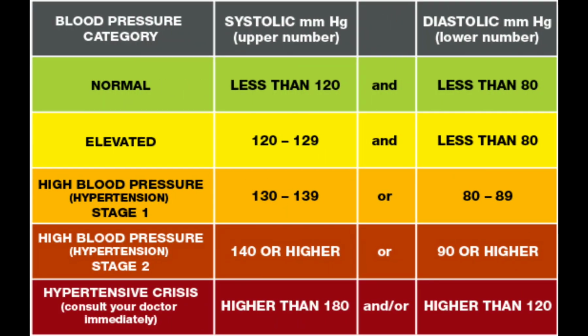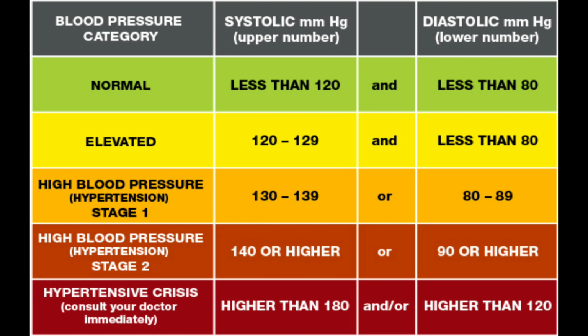So there are normal ranges as well as the ranges which we call high blood pressure. You have to know what the normal blood pressure range is and what the range for high blood pressure is, because in this table you can see various blood pressure values for systolic as well as diastolic blood pressure.